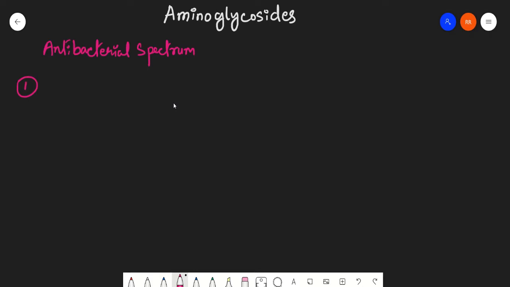Second, aminoglycosides are also active against multi-drug resistant species such as Pseudomonas aeruginosa, Klebsiella pneumoniae, and Enterobacter species.